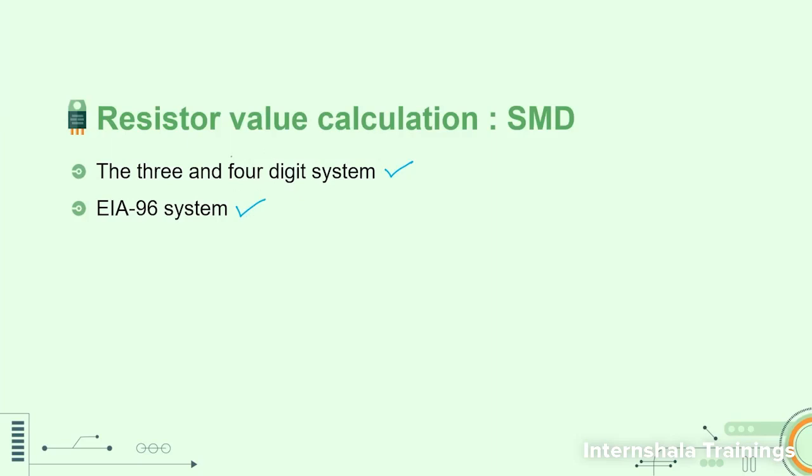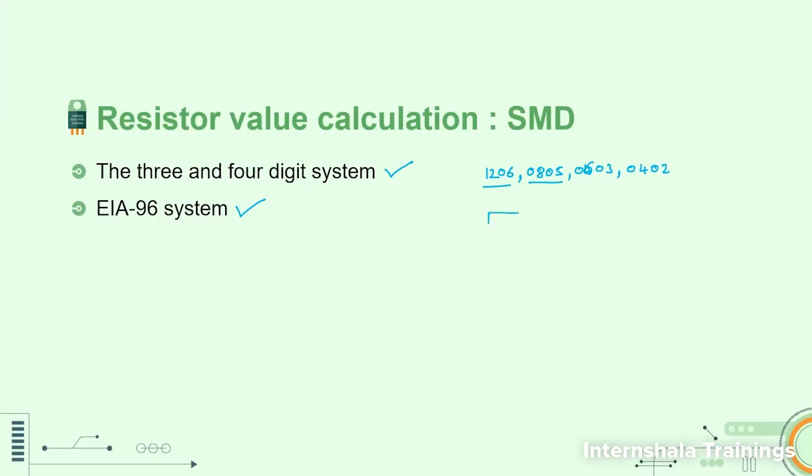But we use the 3 and 4 digit method when we are dealing with packages like 0805 or packages greater than 0805. We discussed that there are different packages like 1206, then 0805, then 0603, and after that 0402. Out of all these packages, whenever you deal with packages greater than 0805, like 0805, then 1206 and the packages after that, we use this method because it includes 3 or 4 digits on top of the SMD resistor.